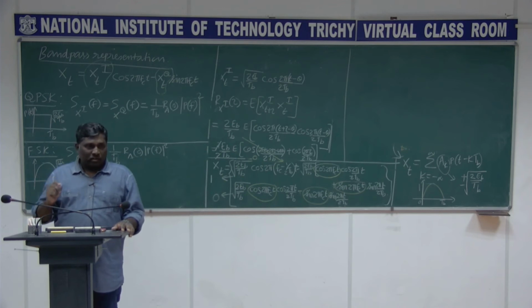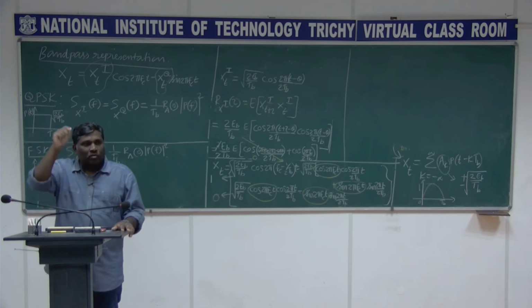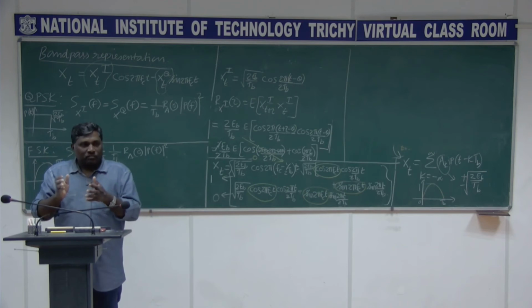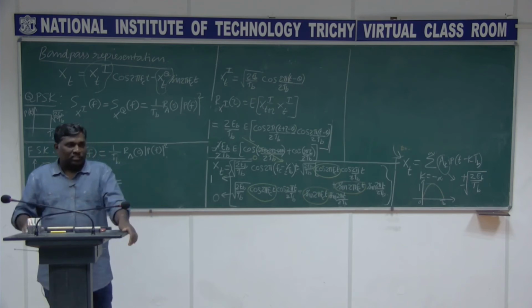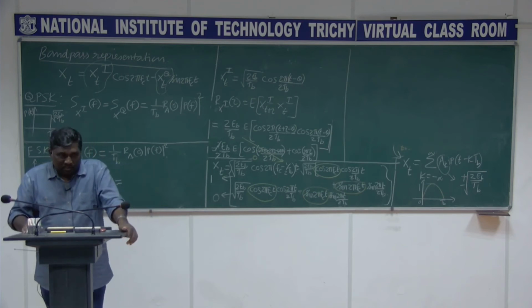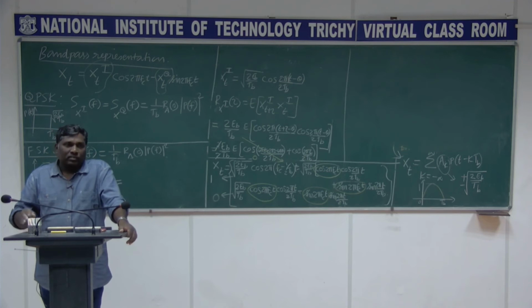You can check it later on. So, integral from 0 to Tb, the function is multiplied with the density function, which is 1 by Tb d theta. If I do that cos integration, get sine and apply the limit, you get that value as 0.